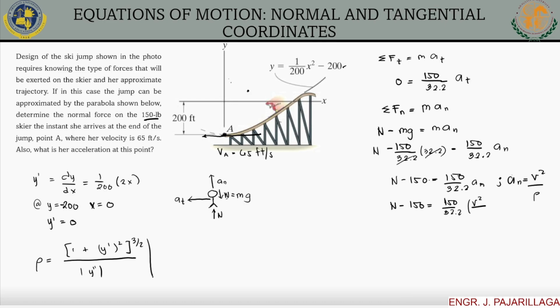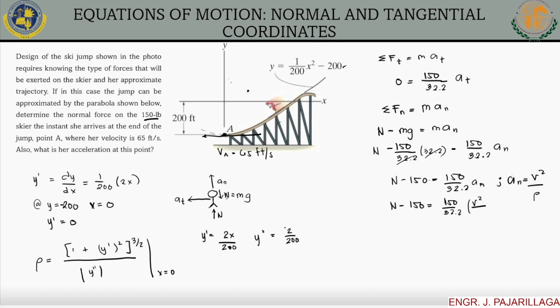Okay? So, the value of x is equivalent to 0. So, kunin muna natin yung equation ng y prime. That would be 2x over 200. And our y double prime is equivalent to 2 over 200.